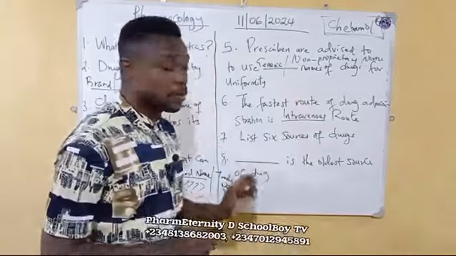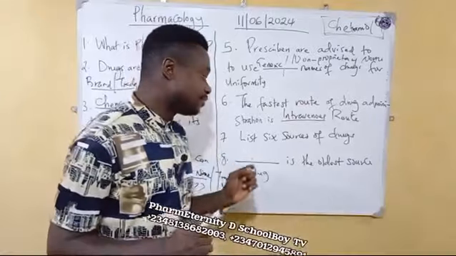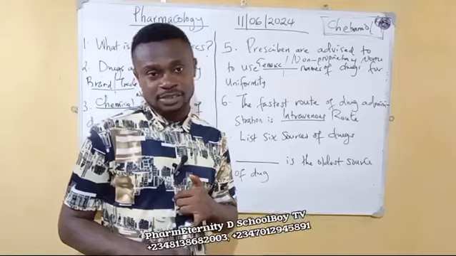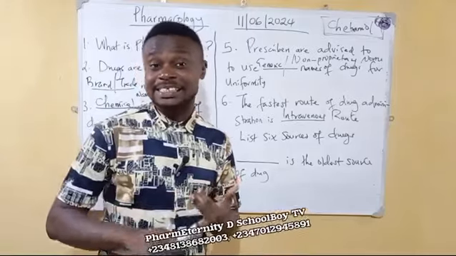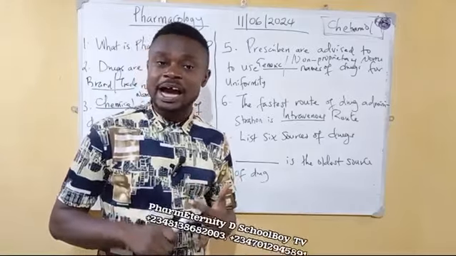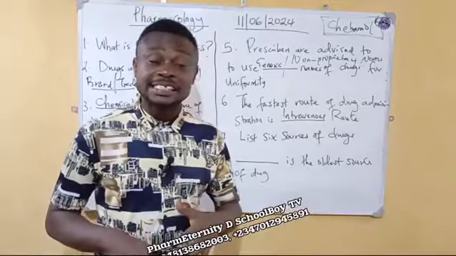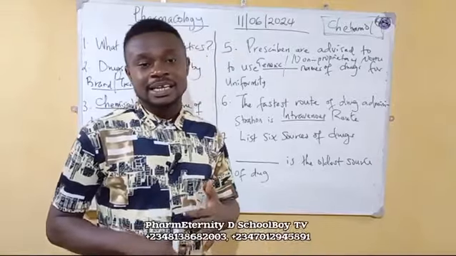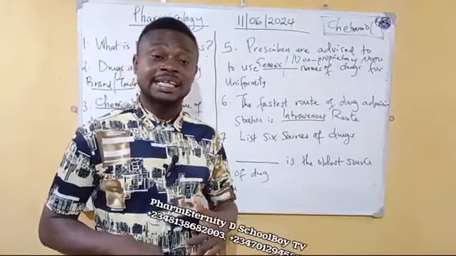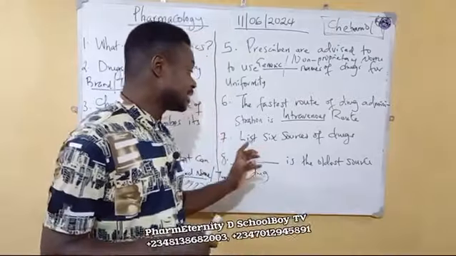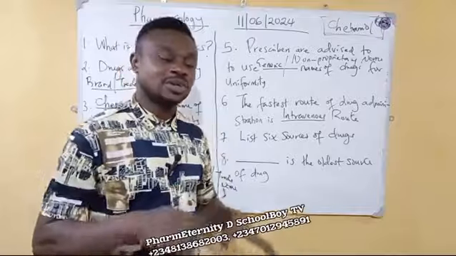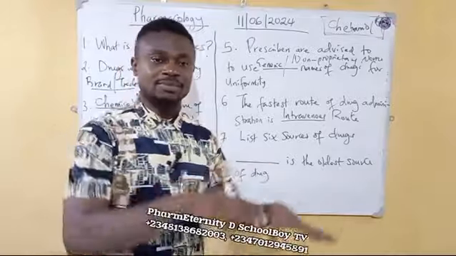Now under orthodox, we have synthetic source, semi-synthetic source, and we have genetic, the one from genetic engineering, or simply the recombinant DNA technology. The question says list, so I'm not going deep into examples.